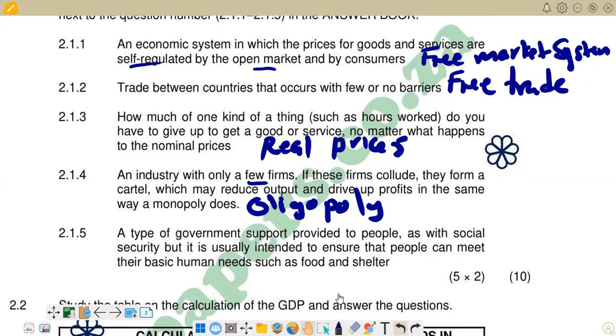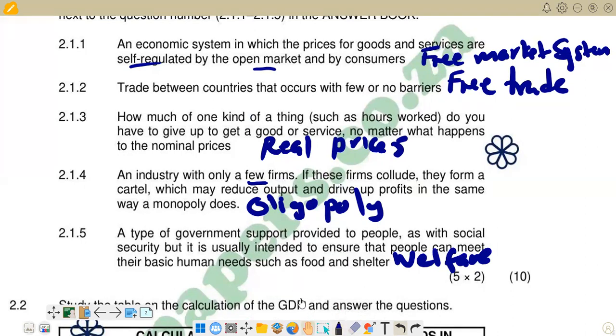This type of support, whereby the government tries to match the cost of living and the achievement of human needs by the people in the country, is termed welfare. So welfare is the word that fits the explanation. That is what we have on this question.